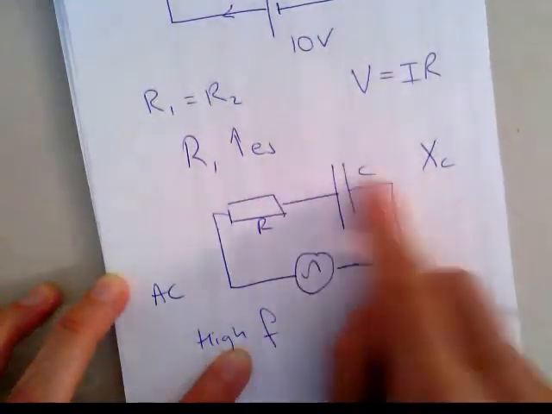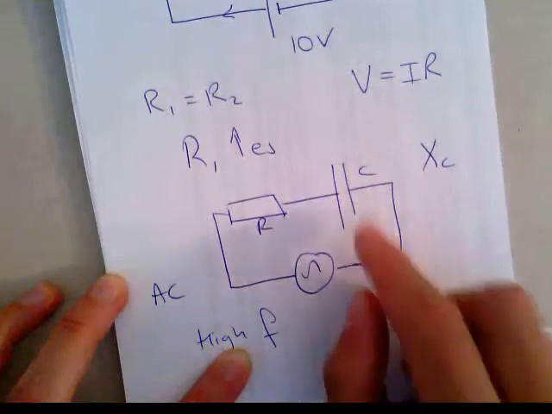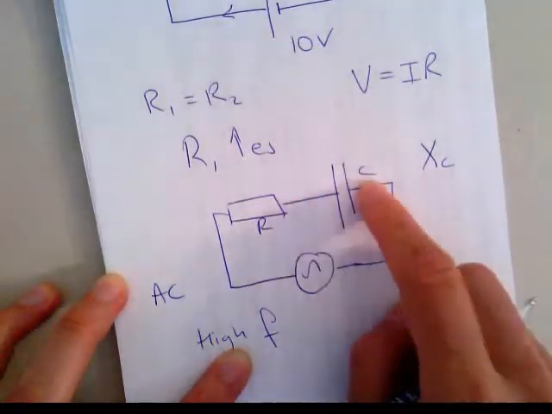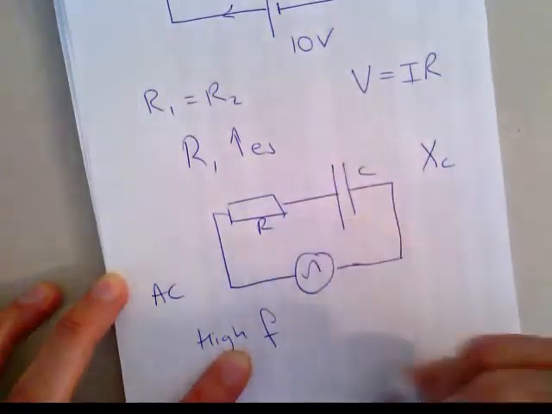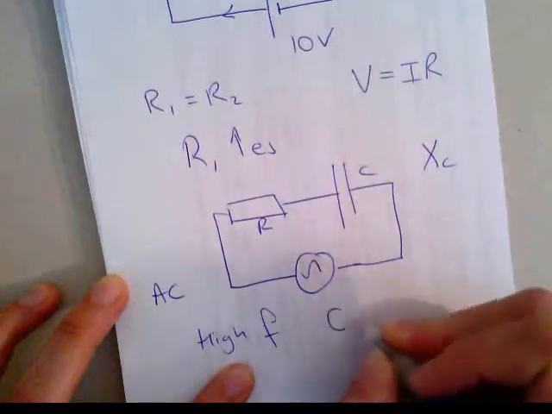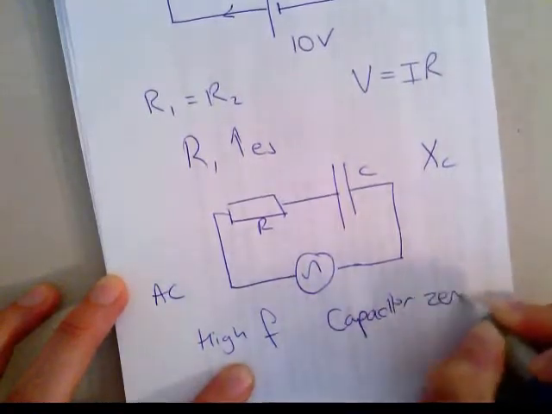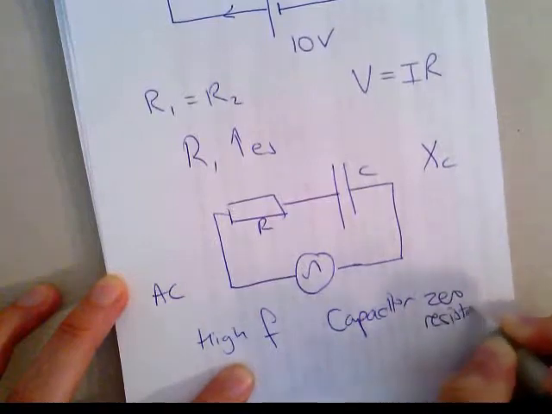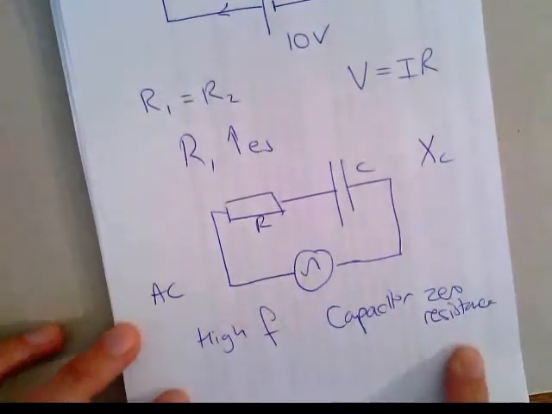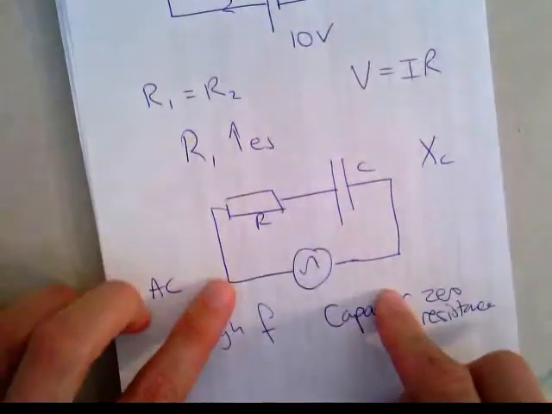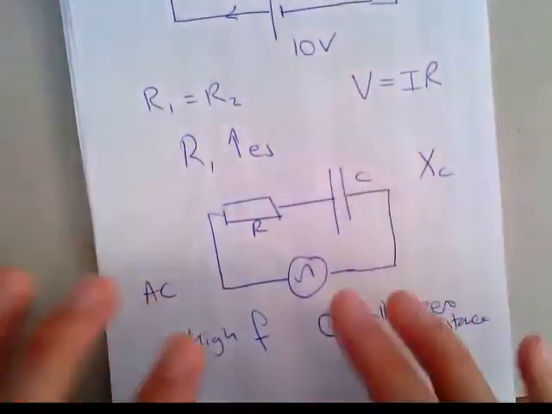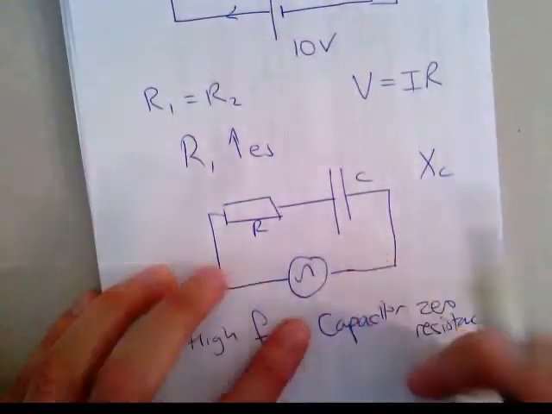The current flows both ways and keeps changing direction so fast that this doesn't react. So it acts like a short circuit, i.e. the capacitor has zero resistance.